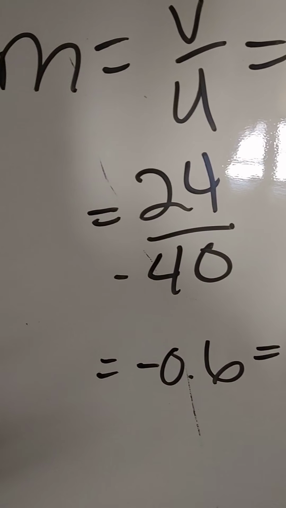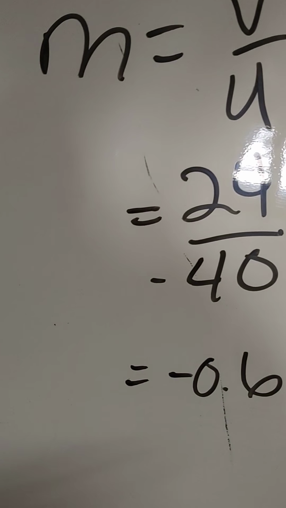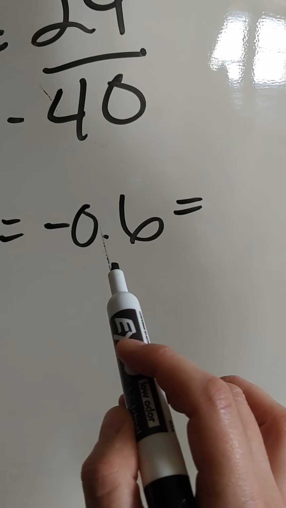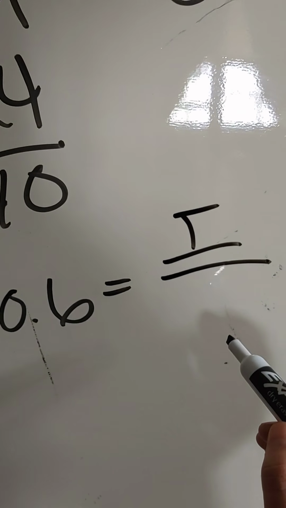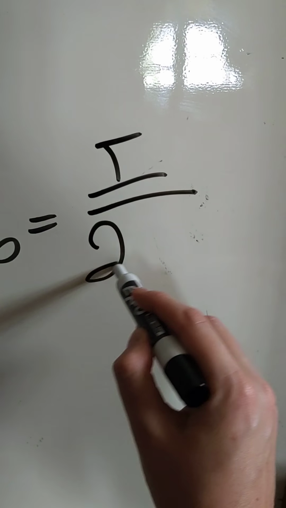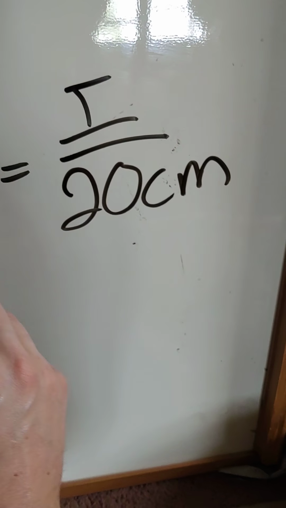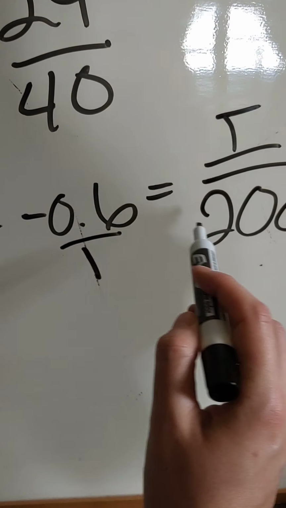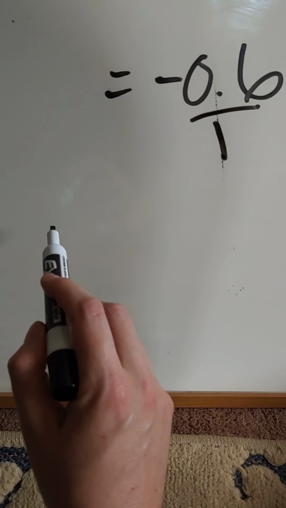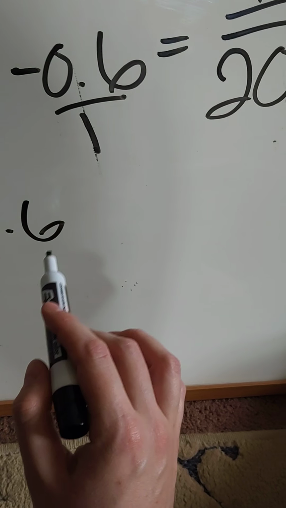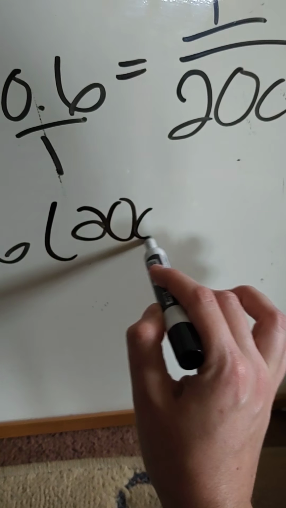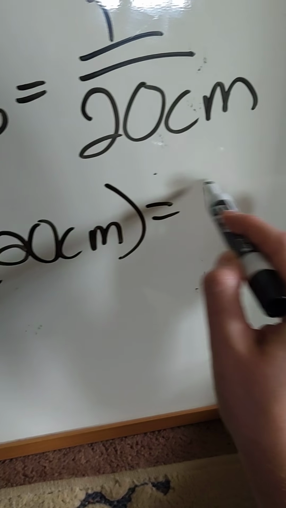So image size, you can do 0.6 equals image I, which is image size, which we don't know, over the object size, which is 20 centimeters. And again, you throw a 1 under there, you can cross multiply. So it becomes magnification of minus 0.6 times 20 centimeters is equal to I.